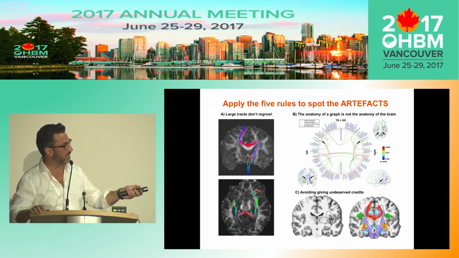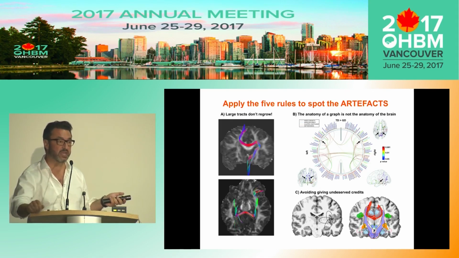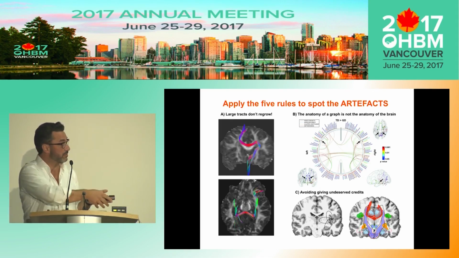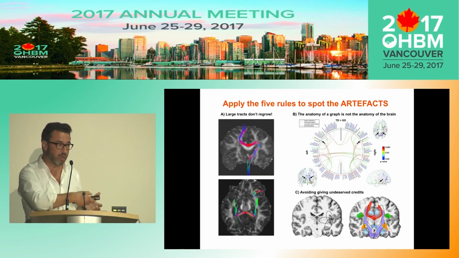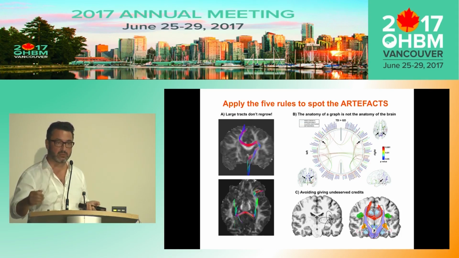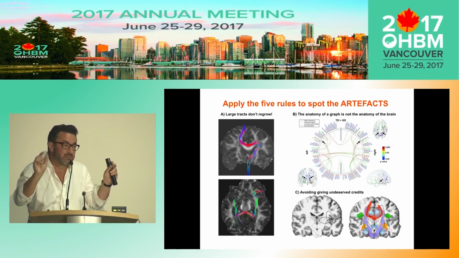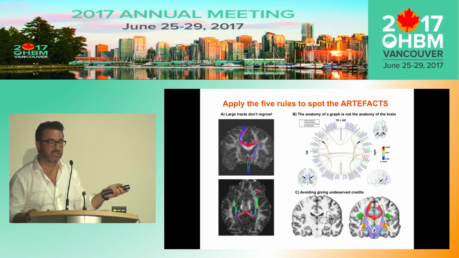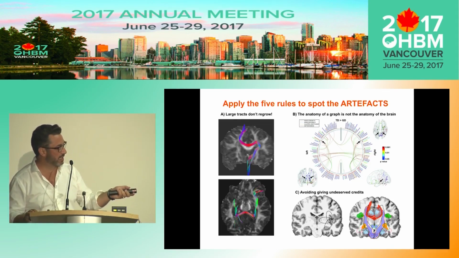Second, you read a lot of papers talking about plasticity, as if the brain is able to rewire. The brain doesn't rewire. These long tracts, the best they can do is increase the myelin thickness or reduce it, but they don't rewire. So the use of tractography to support this rewiring is wrong.